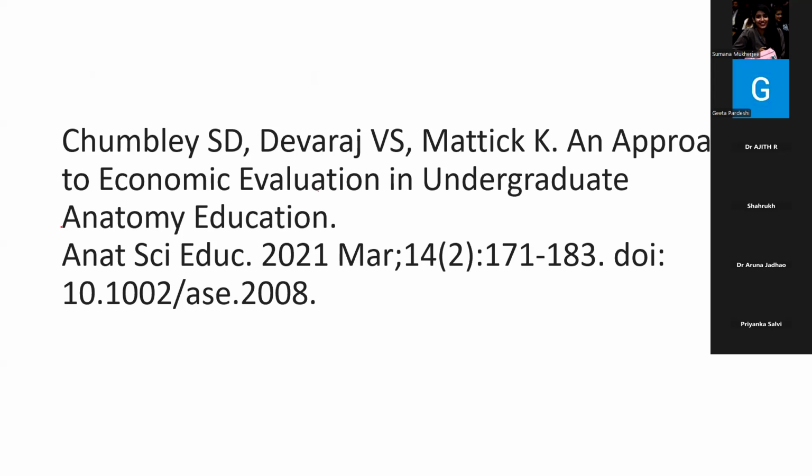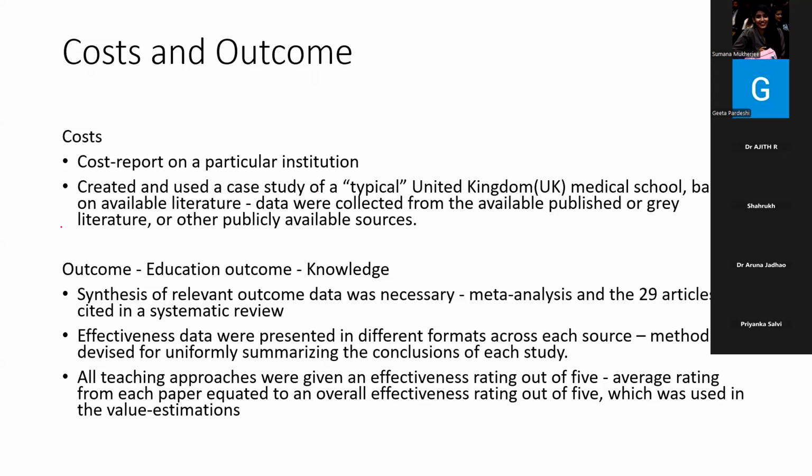This study has also been done, an approach to economic evaluation, and they have looked at the cost where they have taken the cost, instead of just taking it from the institution, from the literature because they wanted a cost which is applicable all over the country. The study was conducted in the United Kingdom. So data was obtained from published as well as grey literature and publicly available sources.